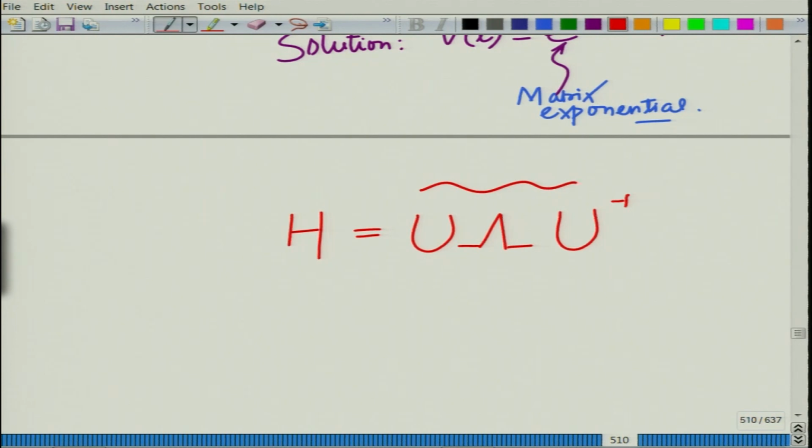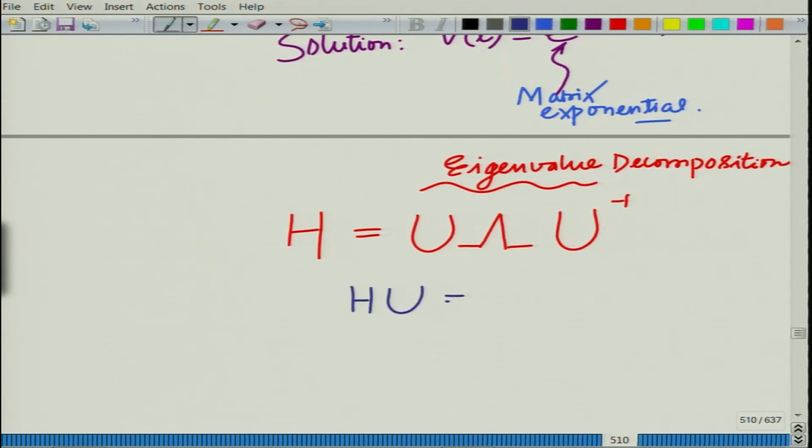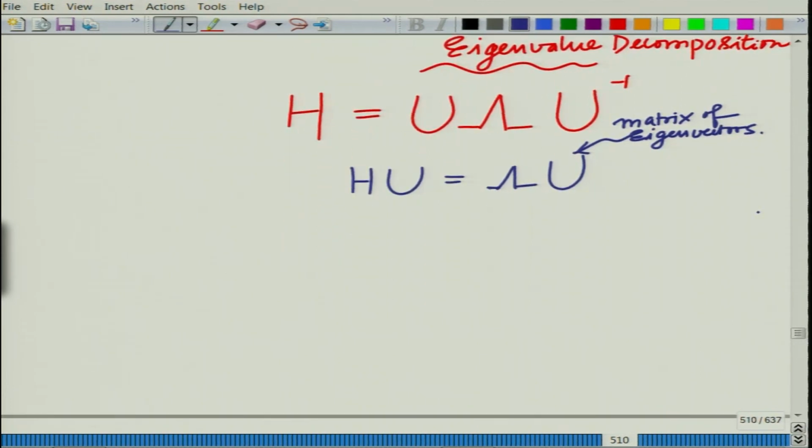This is the eigenvalue decomposition, and it satisfies the property H U equals U lambda, where U is the matrix of eigenvectors, and lambda is the diagonal matrix of eigenvalues.